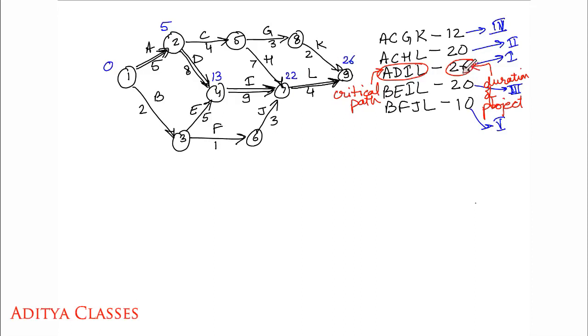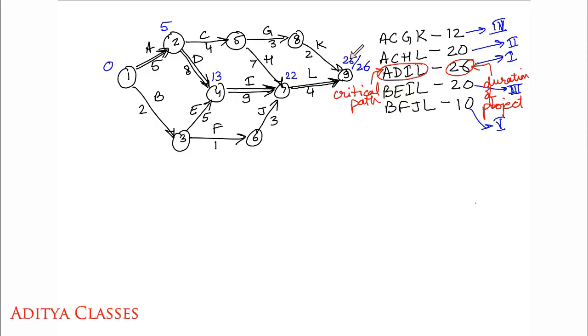But as we know that this 26 is critical, I do not have any leverage. This path cannot waste any time because it is stuck at 26. So this path has to be finished under all circumstances by 26. Now, the forward pass revealed 0 plus 5, 5; 5 and 8, 13; 13 and 9, 22; 22 and 4, 26.